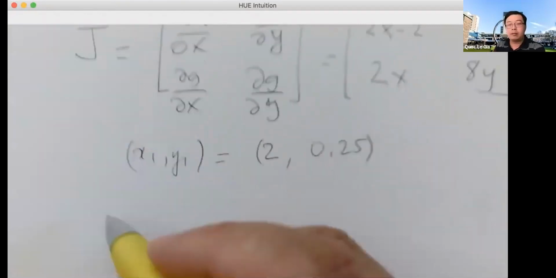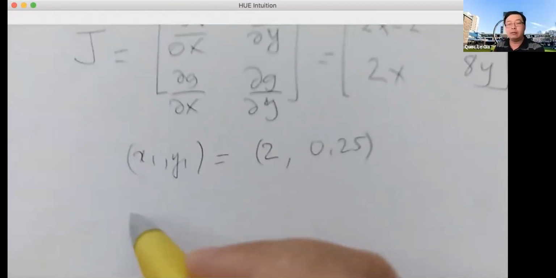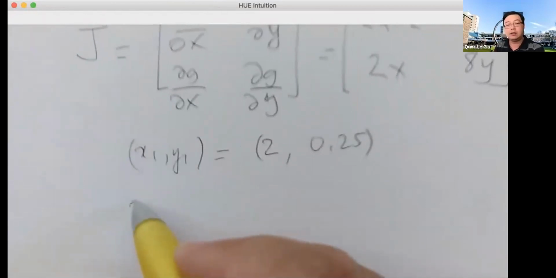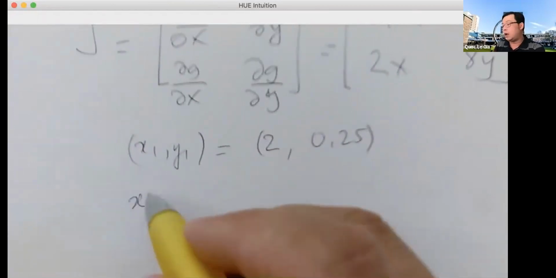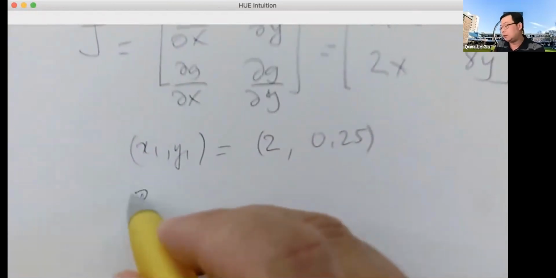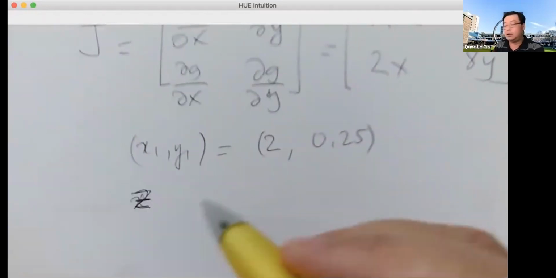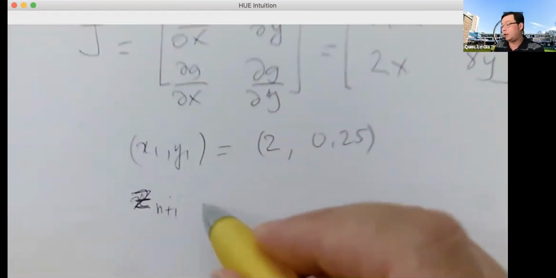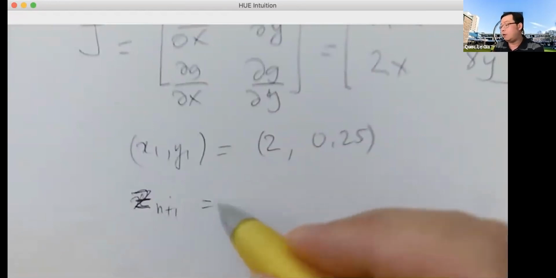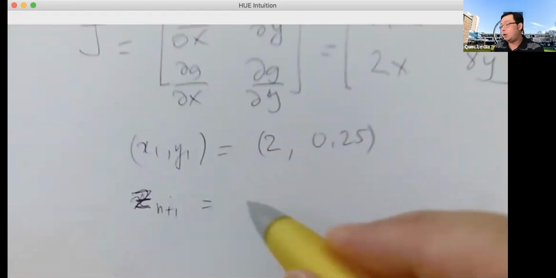If you remember, the Newton method for one variable is just x. Well, maybe I should use z, because we have x and y already. So the Newton method for one variable looks like this: f of zn over f prime at zn, yeah.